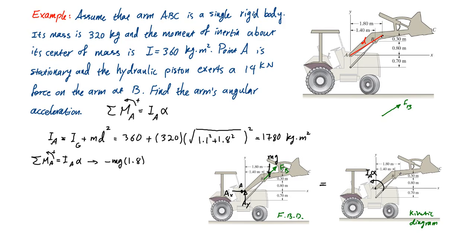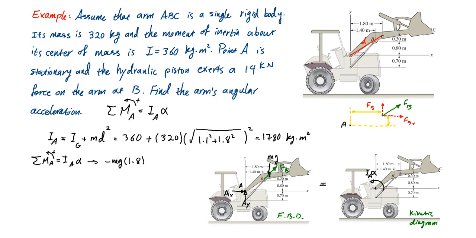And then we have our point A somewhere, let's say there. It's not to scale, but now I can find FBX and FBY, and as long as I know the distance they have from point A, I can find the moments they create.